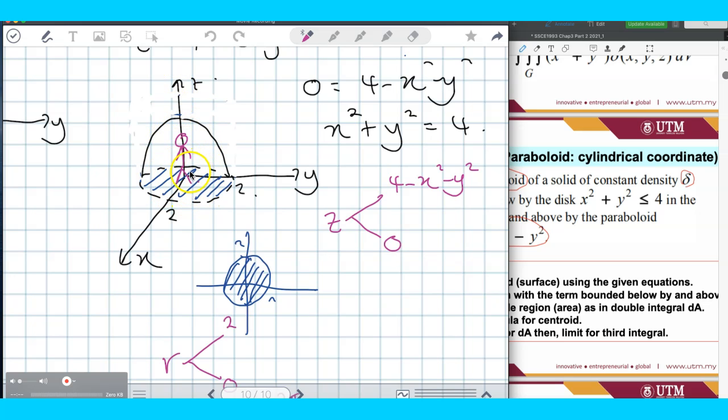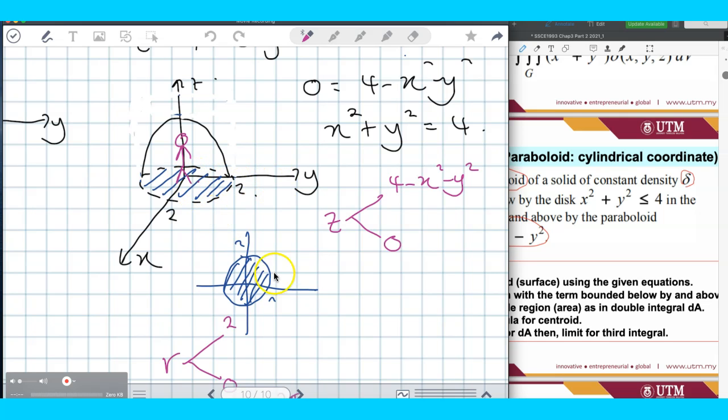If you look at the region itself, the first, second, third and fourth quadrants have a similar size of region. Similarly, the solid here is symmetrical about the z-axis. So from your sketch, you can determine the stable point of this solid.